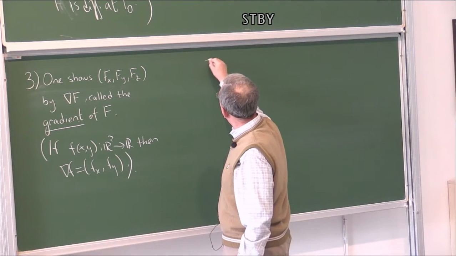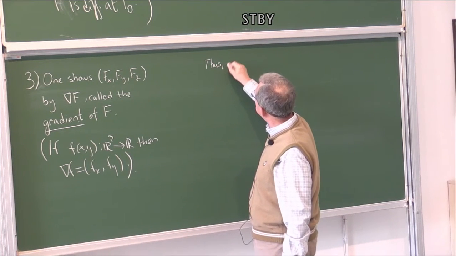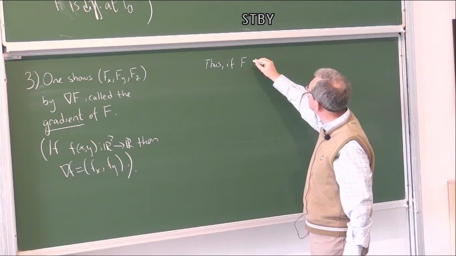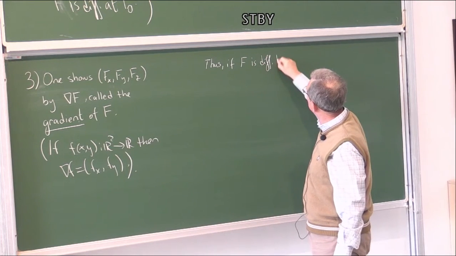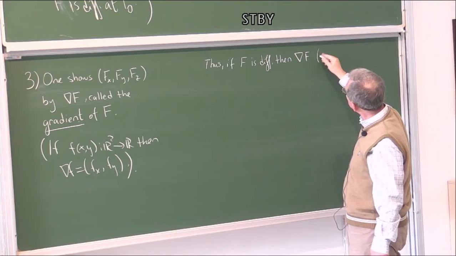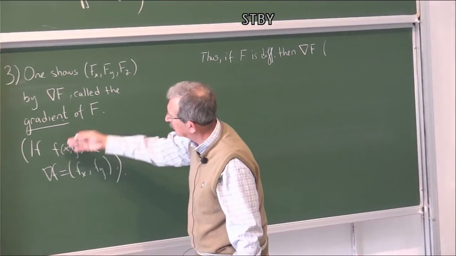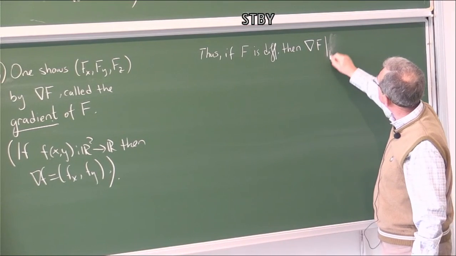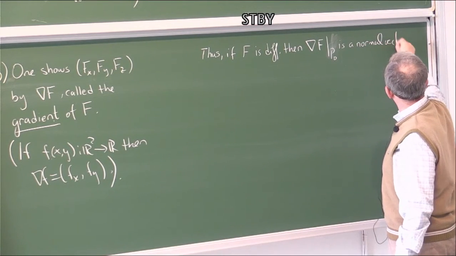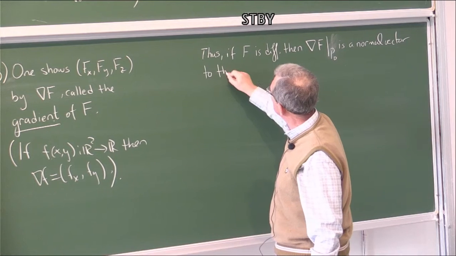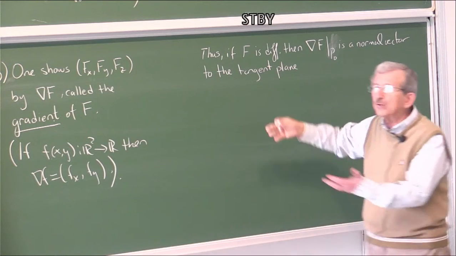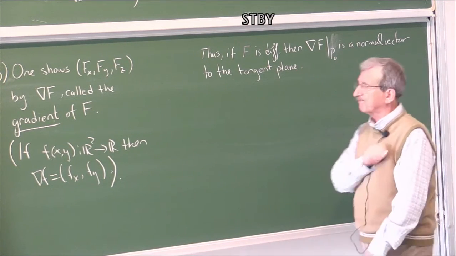And therefore, thus, if this f is differentiable, then gradient f, or f sub x, f sub y, and minus 1 at p0, is a normal vector to the tangent plane drawn to the surface at p0.